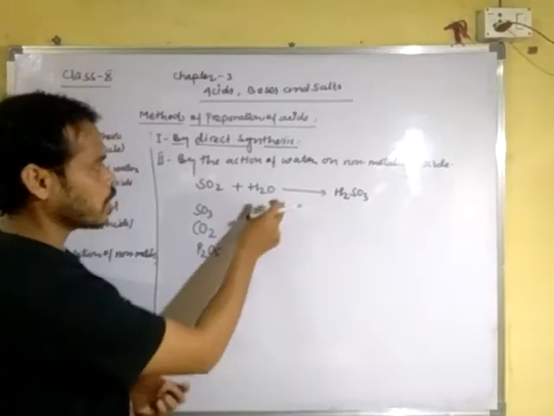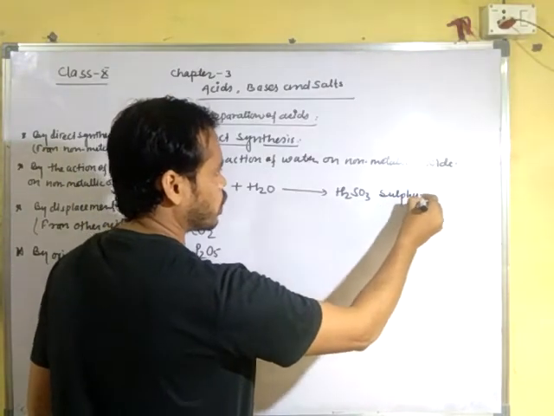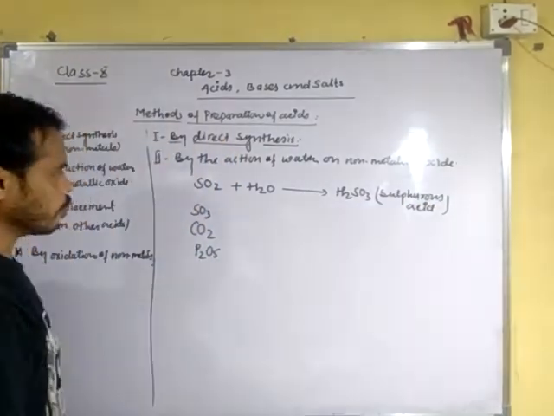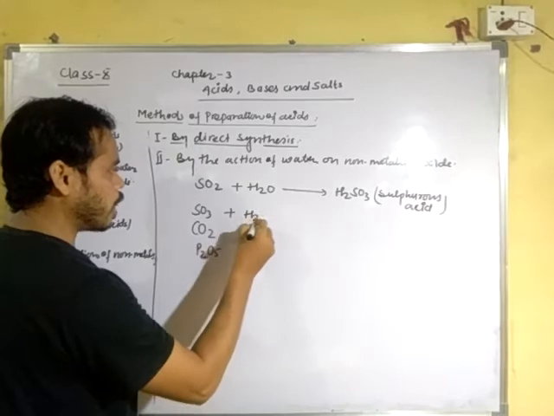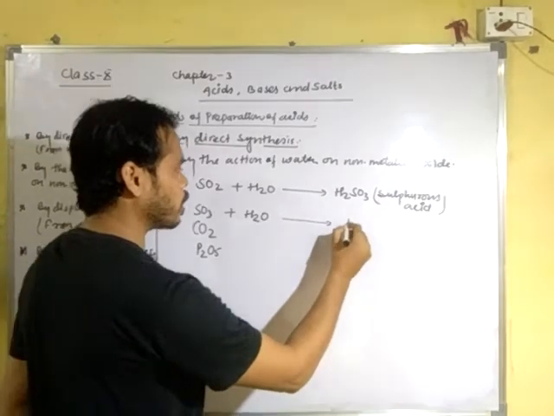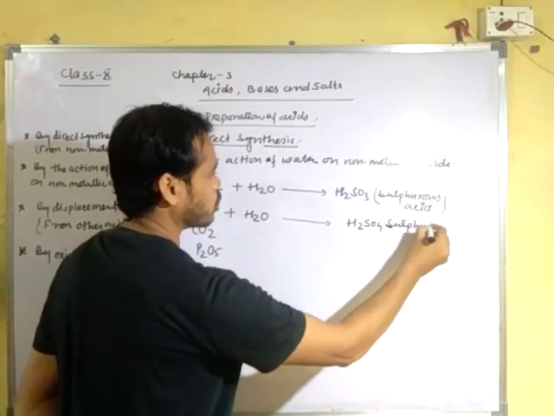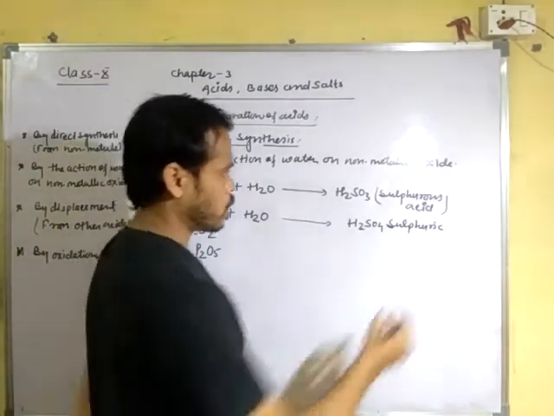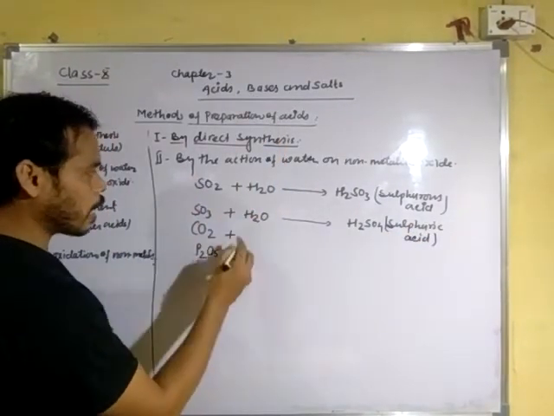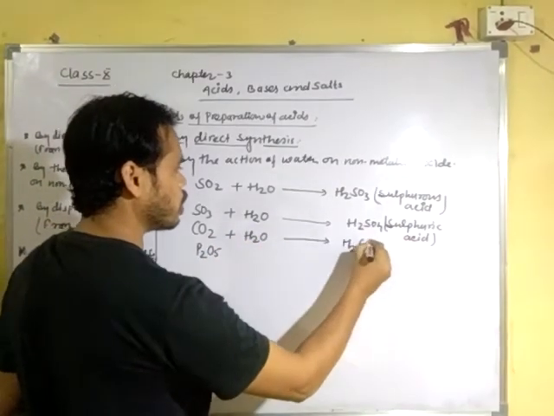In the first case we get H2SO3, known as sulfurous acid, not sulfuric. Second, when sulfur trioxide is treated with water, it forms sulfuric acid, H2SO4. When carbon dioxide reacts with H2O, it forms carbonic acid, H2CO3.